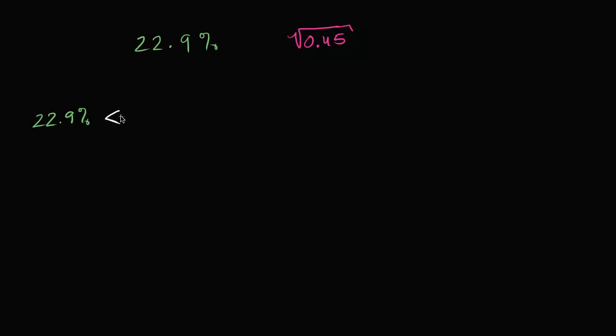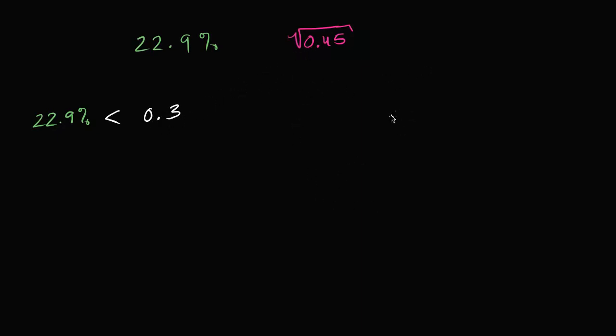So that's less than 30%, or another way of saying that's less than 0.3. And then we could try to compare 0.3 to this thing here. And if 0.3 is less than this, well, then 22.9% is going to be less than this because it's less than 0.3. So why don't I change the problem to that?